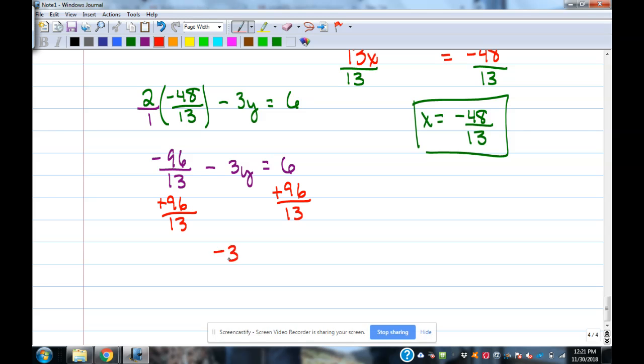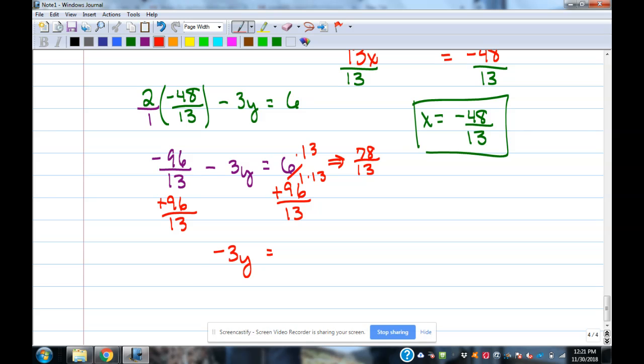Not an easy addition to do, but not impossible. 6 is 6 over 1, so I'm going to multiply by 13. So that's going to change into 60 plus 18 to be 78 over 13. I'm just getting the common denominator for 6 and 96 over 13. Now I'm adding those together.